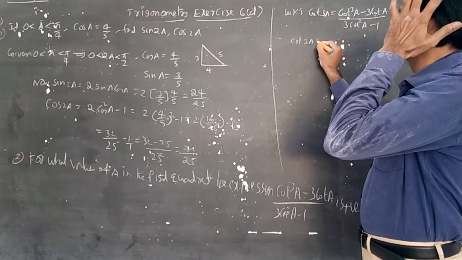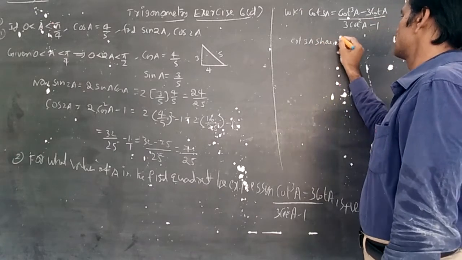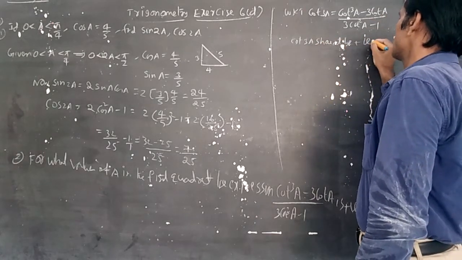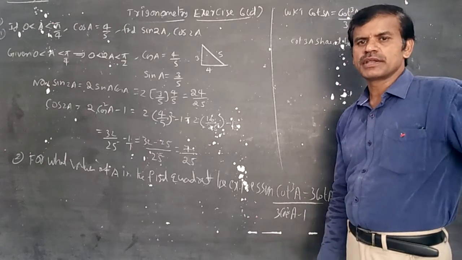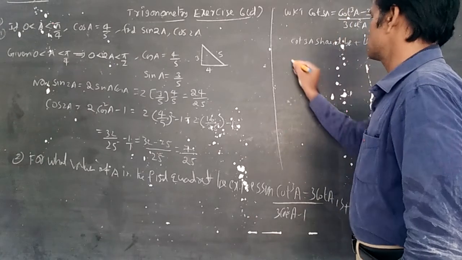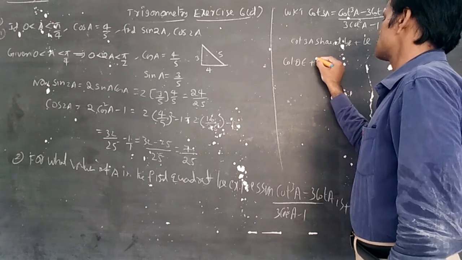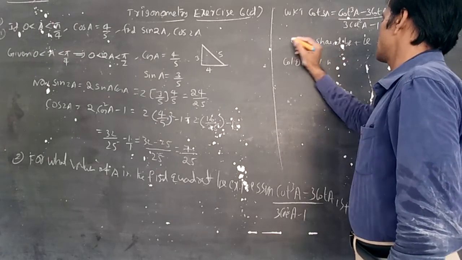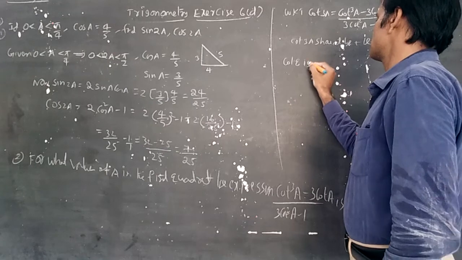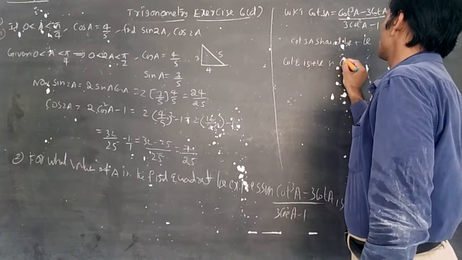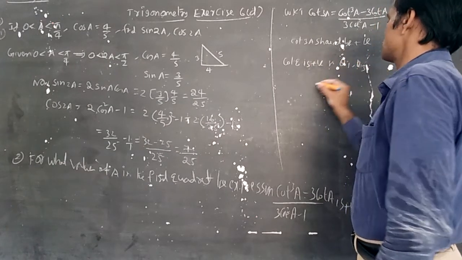Cot 3A should be positive. Cot theta is positive in the first quadrant and in the third quadrant.